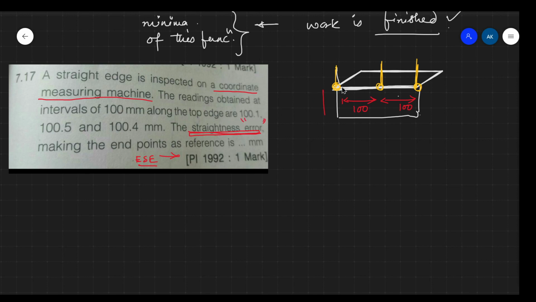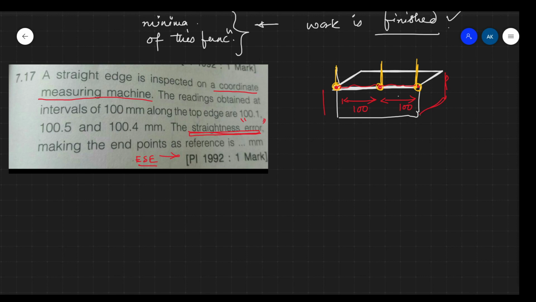So ideally it should be 100, 100, 100. If it is a perfect straight line, with no unevenness, then everywhere 100, 100 and 100 should have come, but it is not coming. So it means that there is some unevenness in this edge and some error they want to measure. Okay, so construct the object.